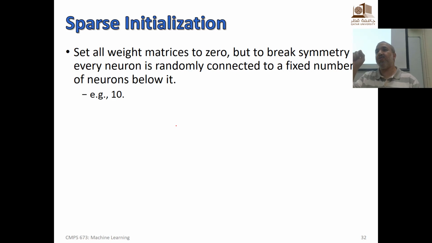For every neuron, we select about 10 connections and make them non-zero by random initialization to small numbers. So either all of them are random, or some of them are non-zero by selecting a fixed number of connections for each neuron. This is called sparse initialization.